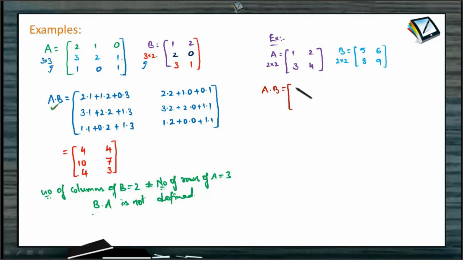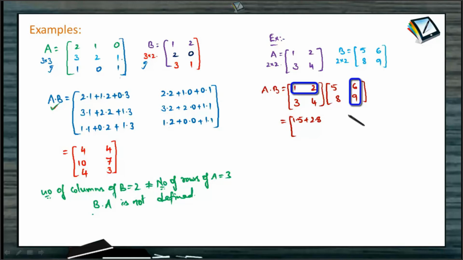It will be the product of the matrices 1, 2, 3, 4 multiplied with 5, 6, 8 and 9. Then first row of A multiplied with the first column of B would give us 1 into 5 plus 2 into 8. Then similarly, first row of A is multiplied with the second column to get the product.